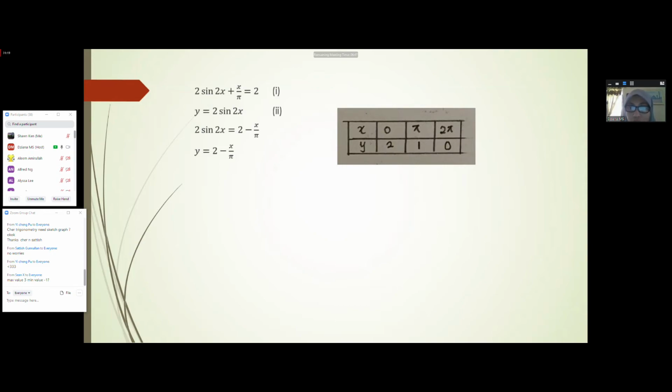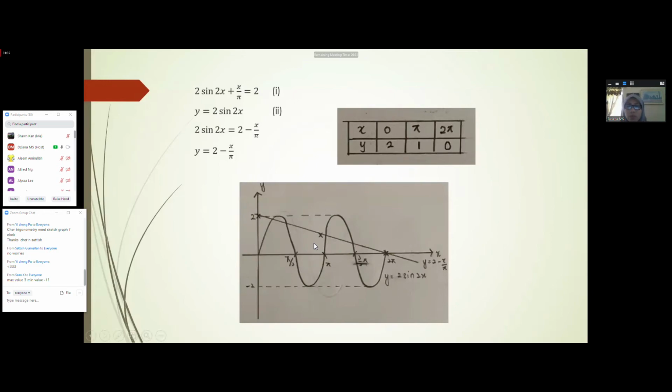Once you have that table, plot that point on the same axis and draw the line. Plot the 3 points here on the same axis and draw the line. So this is my line. The 3 points are 0, 2, pi, 1, and 2 pi, 0.